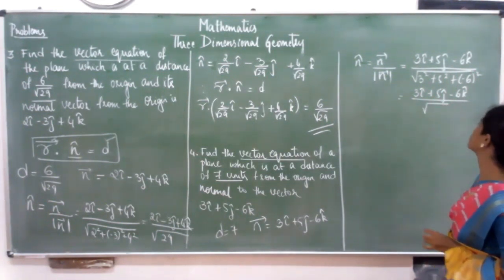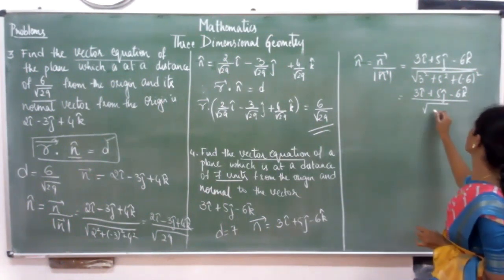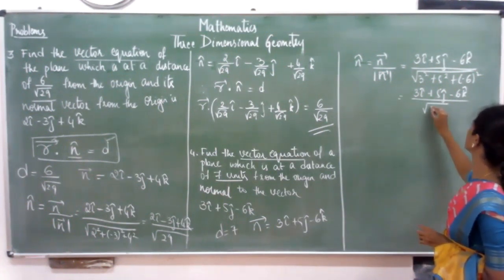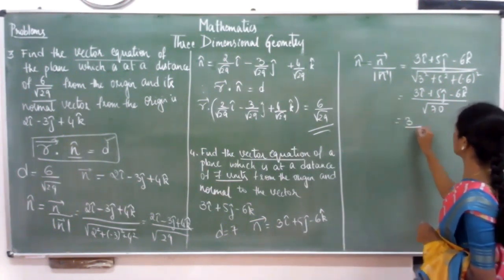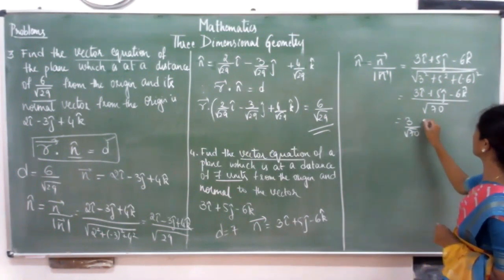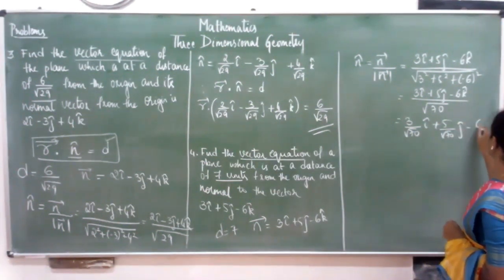Therefore, this will be equal to root 70. Therefore, this can be written as 3 by root 70 i cap plus 5 by root 70 j cap minus 6 by root 70 k cap.